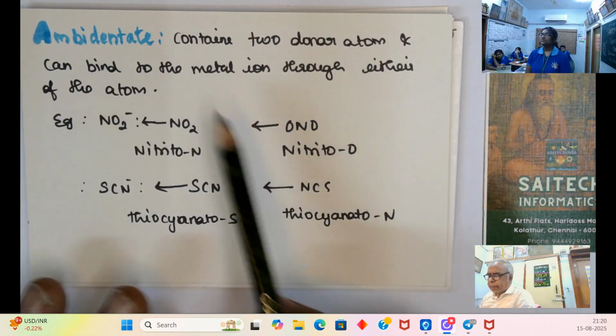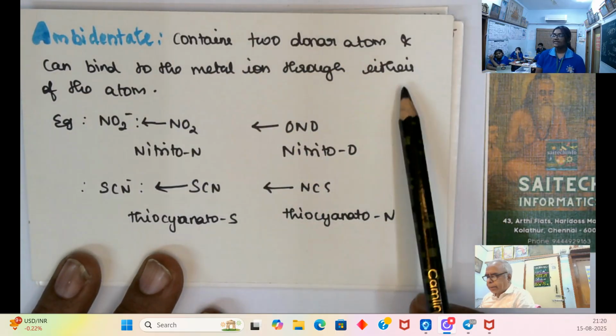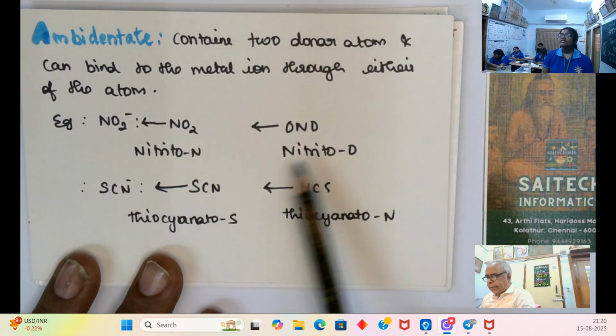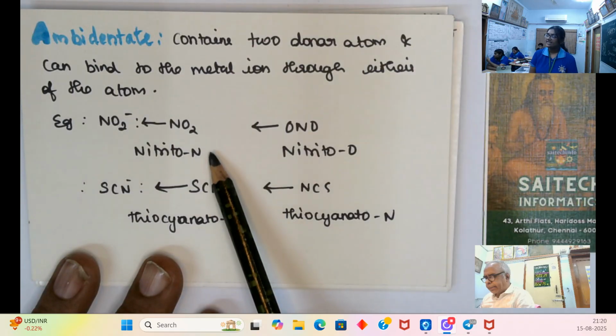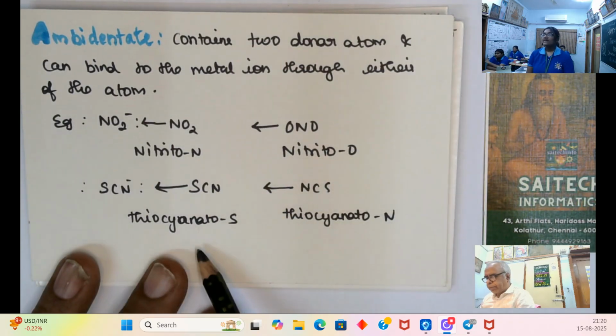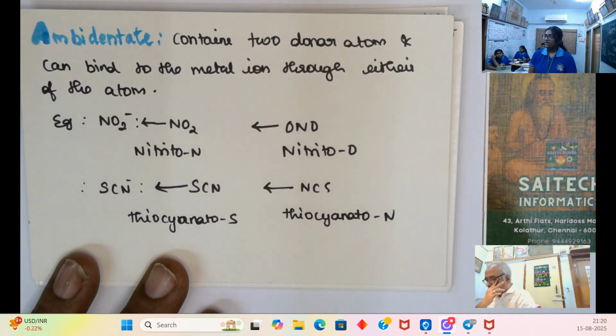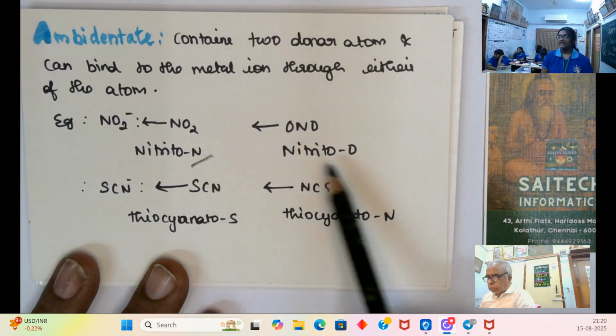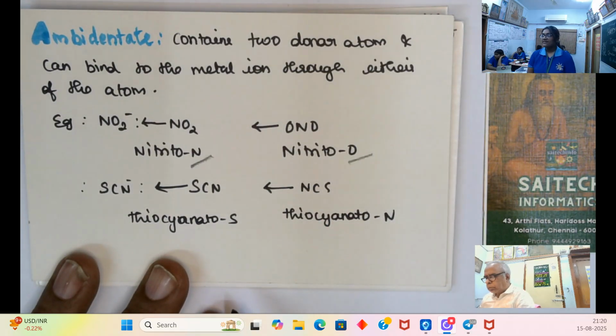Ambidentate contains two donor atoms and can bind to the metal ion through either atom. This shows the difference between bidentate and ambidentate. A bidentate cannot bind to the metal ion through either side of the atom, but an ambidentate can. That is nitro, N, if the representation is NO2.